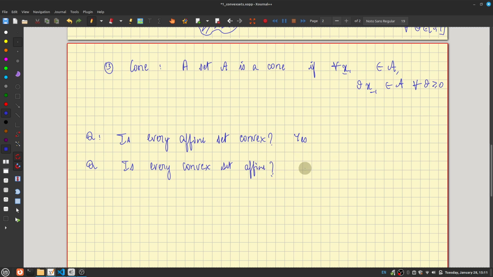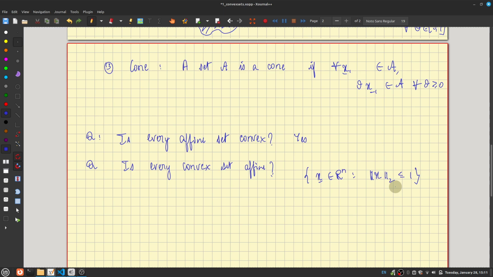So in fact, in general, let's take the set of all x in maybe Rn such that the L2 norm of x is less than or equal to 1. It's basically an n-dimensional ball.